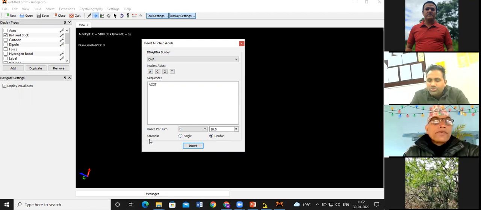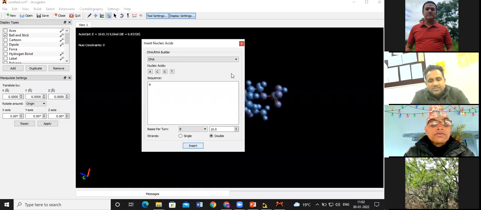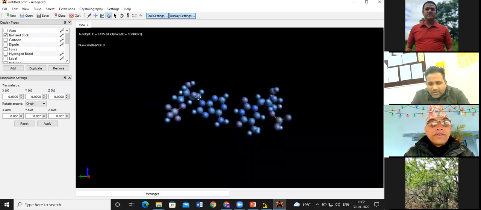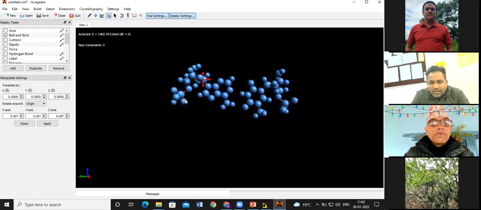Either you can choose this strand as single strand or double strand. I can choose my bases also. Suppose I choose adenine. When I choose the adenine, I have taken only the adenine, and I'll go for insert. When I go for insert, look at this one. This is the DNA molecule I'm having.